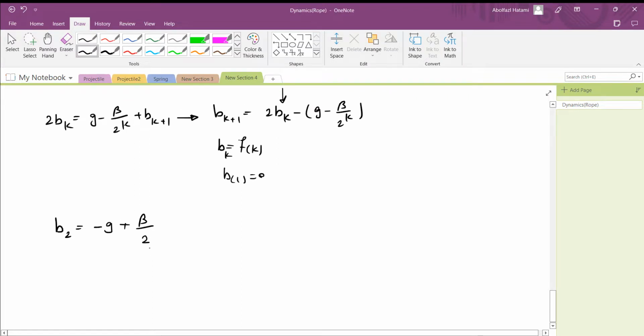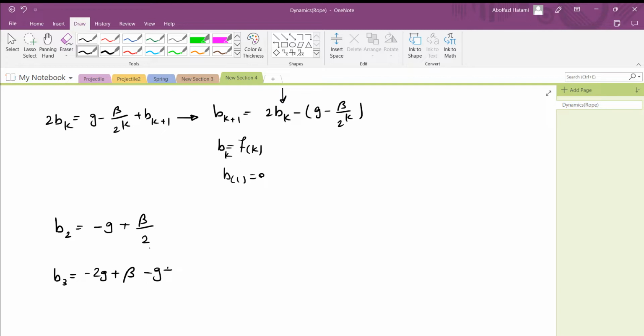And for b3 we have 2 times this b2, which is minus 2g plus beta, plus minus g plus beta, divided by 2 to the power of 2, which is 4.